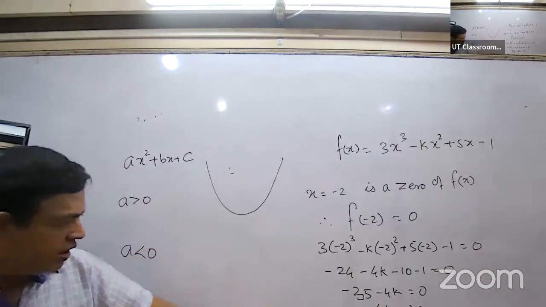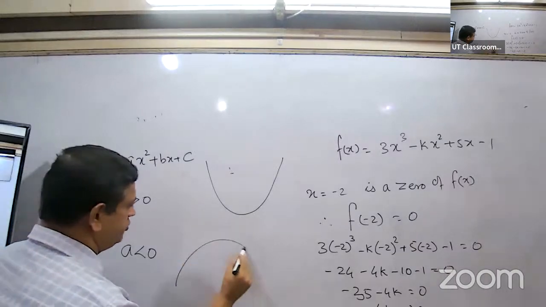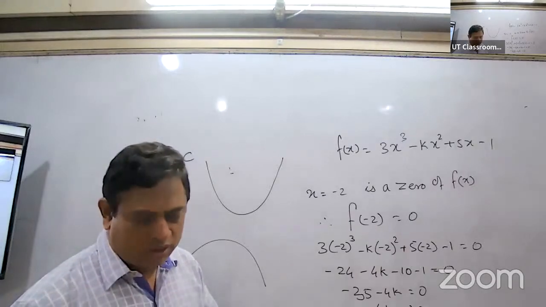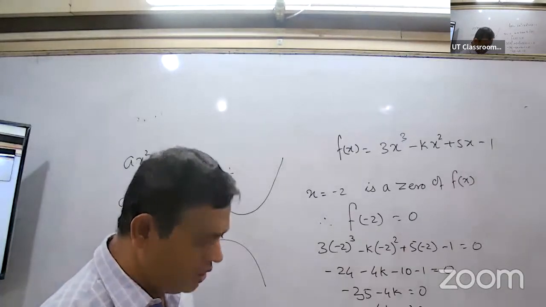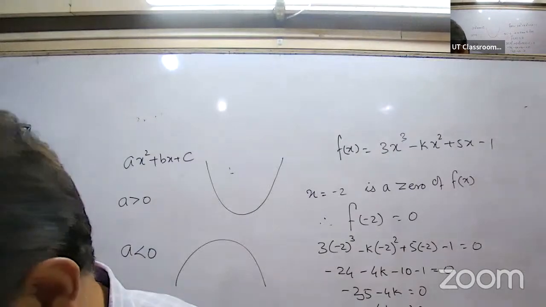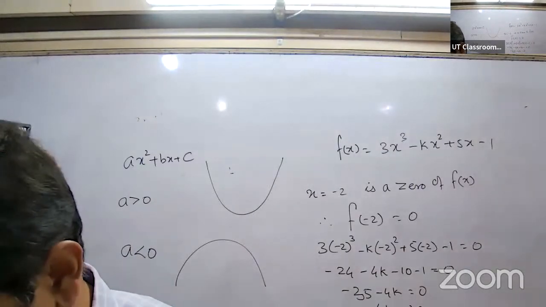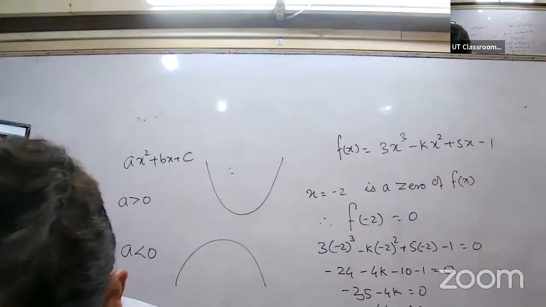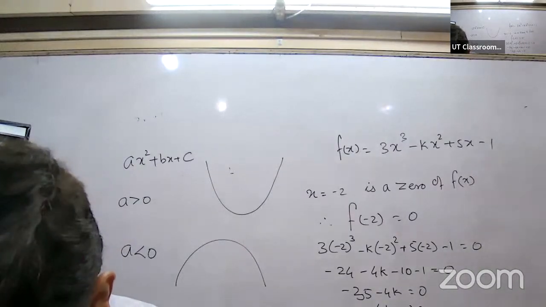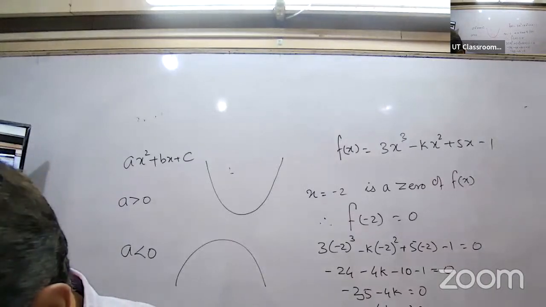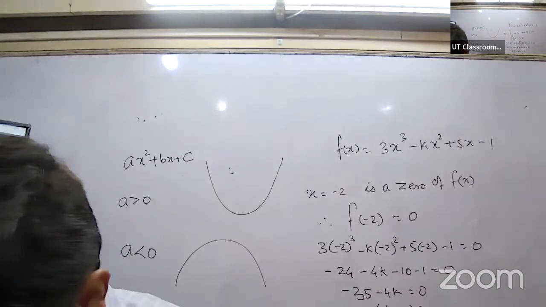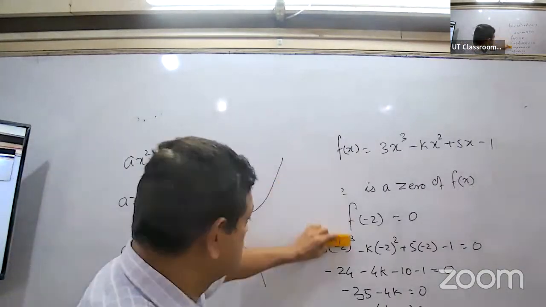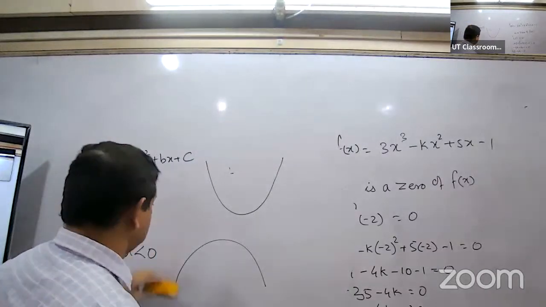Graph of the quadratic polynomial, that is the next property. Graph of the quadratic polynomial ax square plus bx plus c represents a parabola.